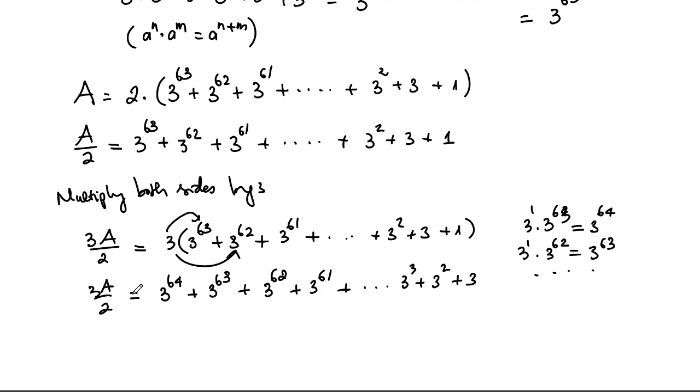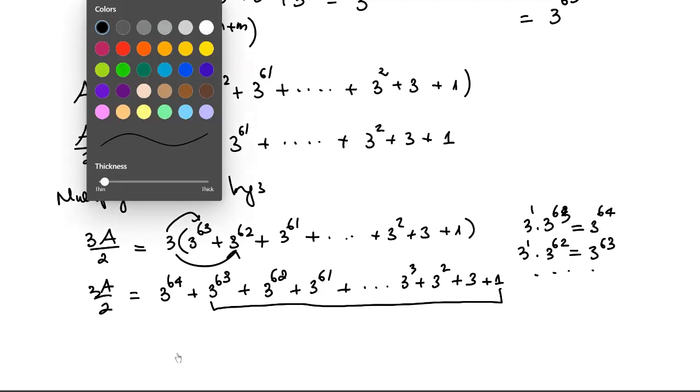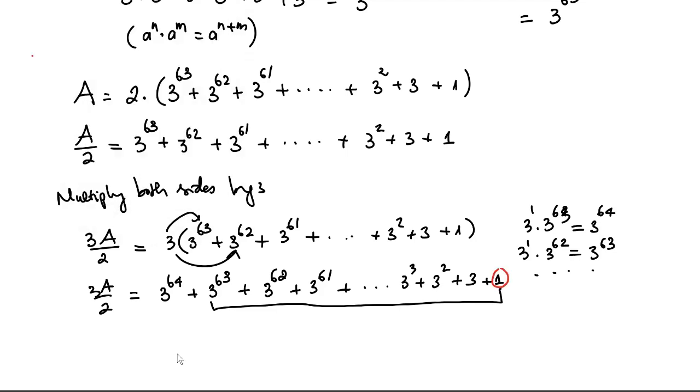Now I see that if I add 1 to this side, then the right side will be A over 2.